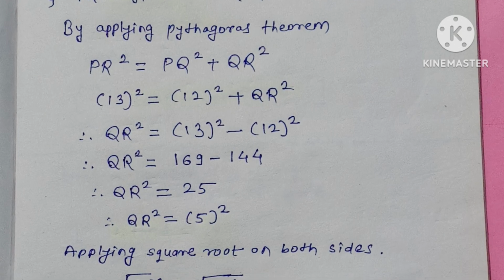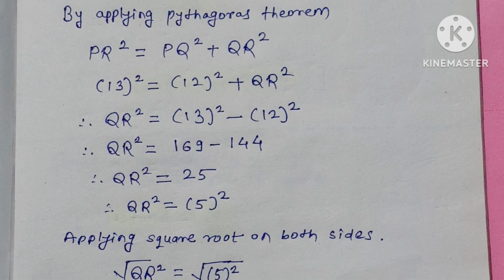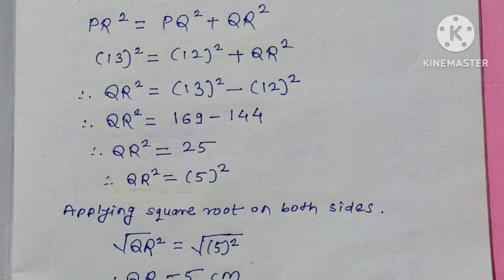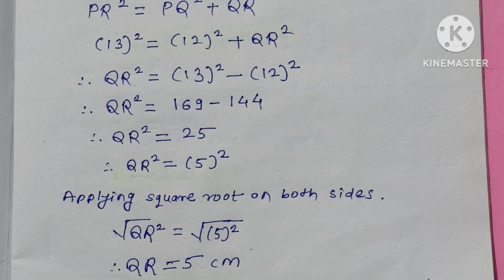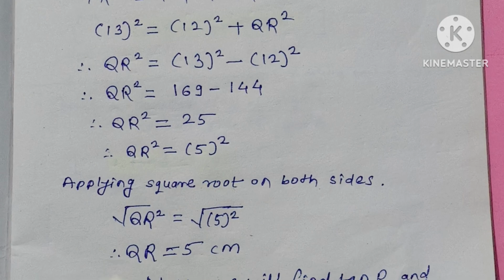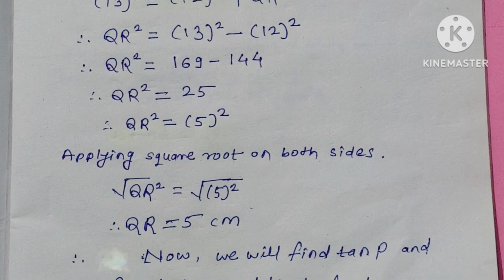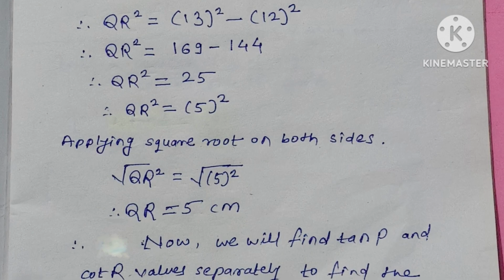So we'll be using Pythagoras theorem as PR, the hypotenuse, square is equal to PQ, which is a side, square plus QR, which is a side, square. So by substituting the values of PQ 12 centimeter and PR 13 centimeter, we'll get the value of QR is equal to 5 centimeter.